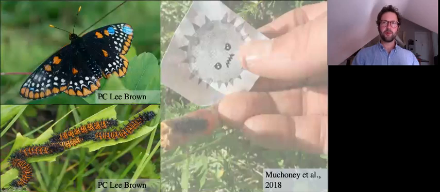Baltimore checkerspot butterfly is a species that's found in eastern North America. Originally it was a wetland species and was reliant on turtlehead, or Chelone glabra, which is a wetland plant. But relatively recently, I think in the 1900s, many populations in the Northeast have made a shift to using Plantago lanceolata as their primary host plant.